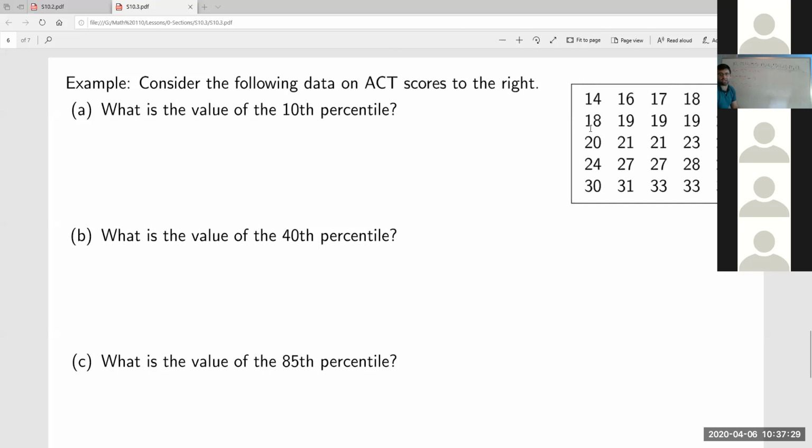How many total items are in this list? 25. 25, yep.